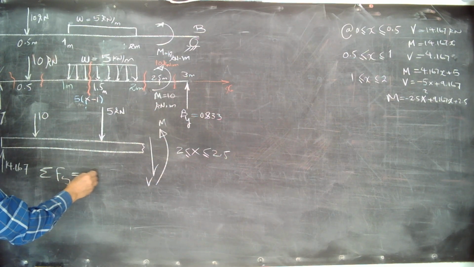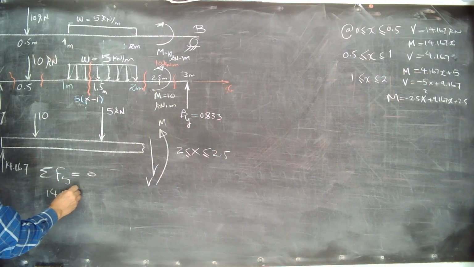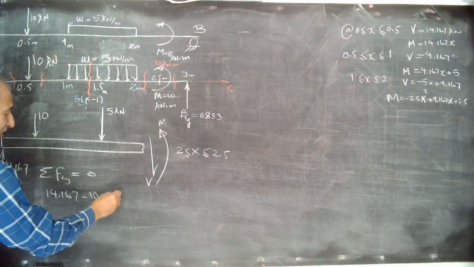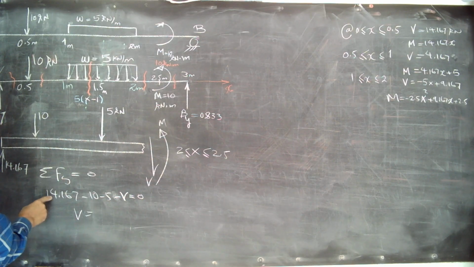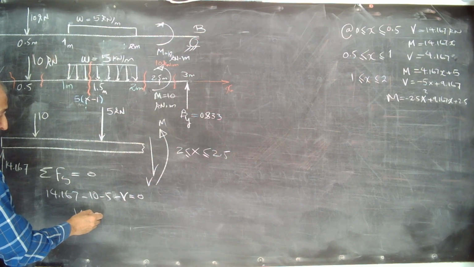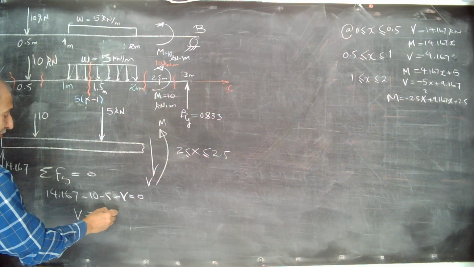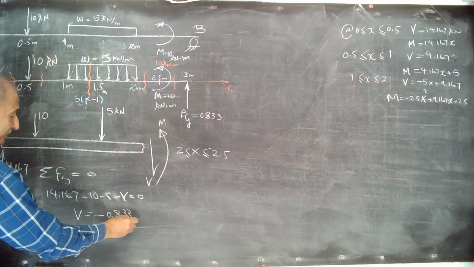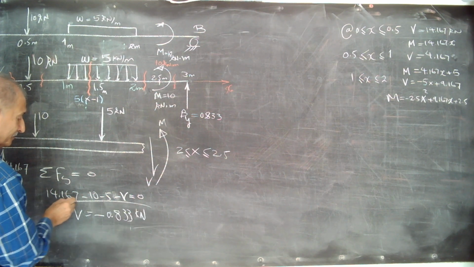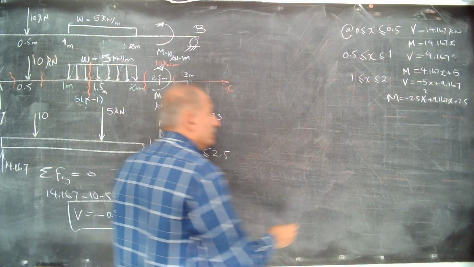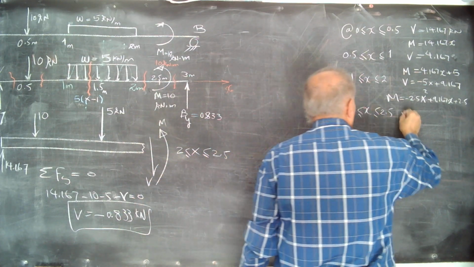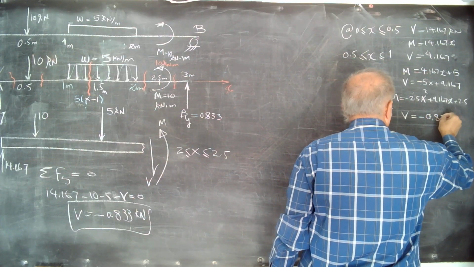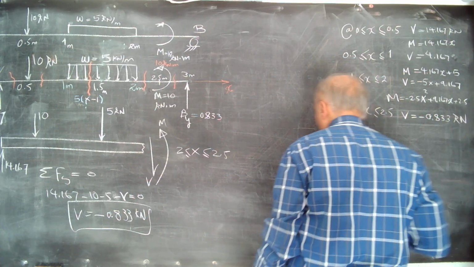Summation of Fy equal to 0: 14.167 minus 10 minus 5 minus V equals 0. V is equal to minus 15 plus 14.167, which is minus 0.833 kilonewton. Then I write it here. x is between 2 and 2.5. V is equal to minus 0.833 kilonewton.